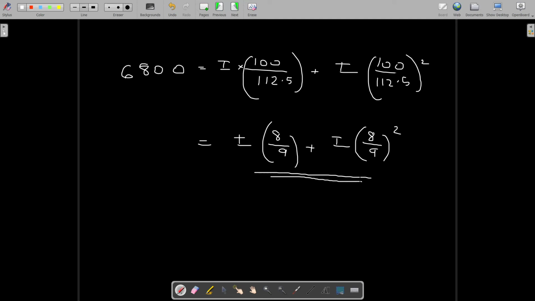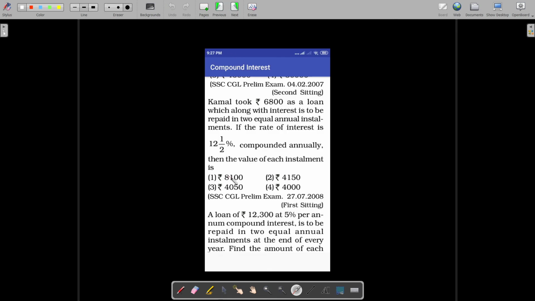But for an SSC examination, you may not need to solve it because clearly the answer is a multiple of 9 square. The answer should be a multiple of 9 square, 81. You check the options to see which one of the options is a multiple of 81. Here you have 8,100 and 4050.